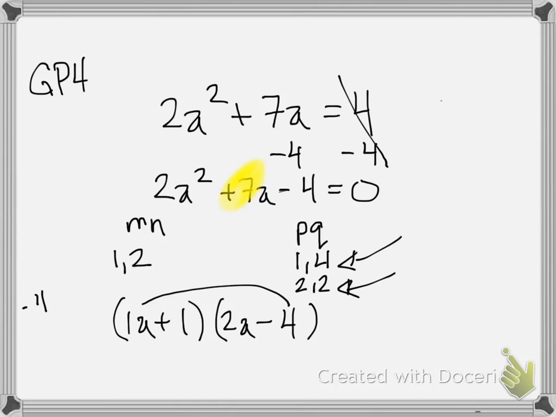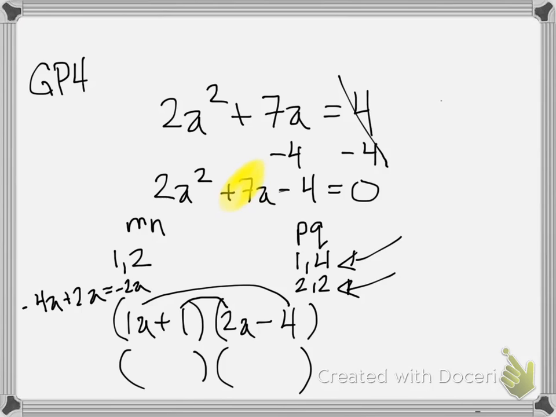That gives us -4a. Inside terms, positive 2a. We combine those and we get a negative 2a. And that's not what we want. It's not big enough and it's the wrong sign. So we need to try a different trial.